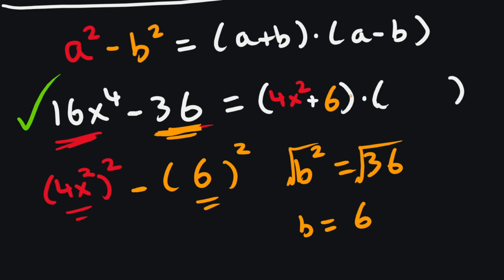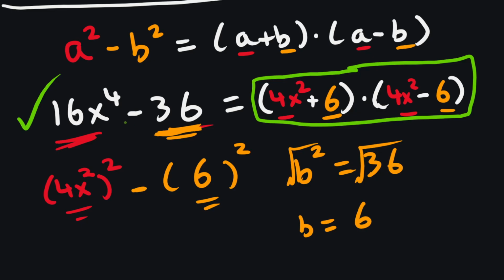So plus 6 times a minus b. And what was a again? That was 4x squared minus b, which is 6. So again, the b right here is that b, that's that b, that's that a, and that's that a. Excellent. So that is the factored form of this difference of squares.